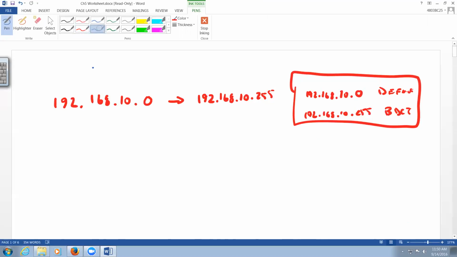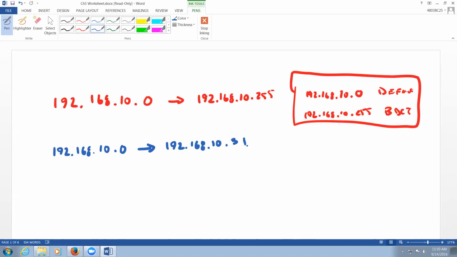I'm going to switch colors here. 192.168.10.0 to what? Not 254. 192.168.10.31. That's our first subnet now.